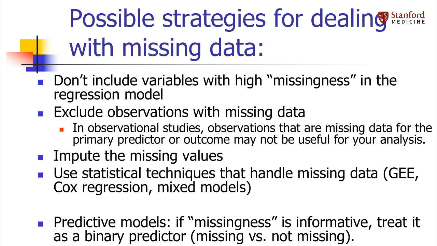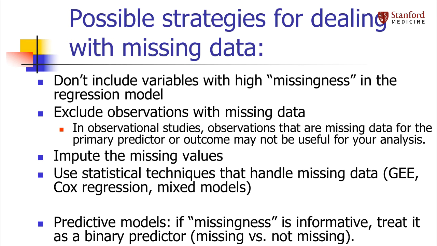How you handle missing data depends on the question you're trying to answer. For example, if you have variables that are measured with high amounts of missingness, it's advisable that you not include them in the model. But if it's your primary predictor or primary outcome or a key confounder, then dropping that variable may not be an option.